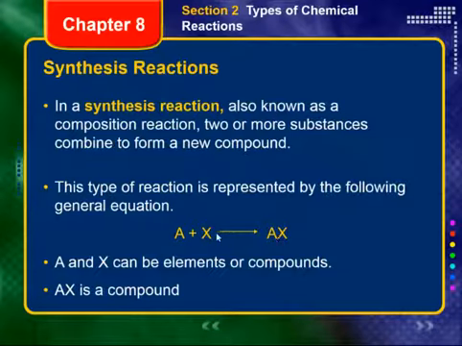It's not a 2 things become one thing. There may be a second thing over here on the product side, but it is that at some point there's a combination of A and X here. Okay, and like I said, A and X can be elements or compounds. AX is a compound for sure because it's going to be a combination of, at the very least, elements.